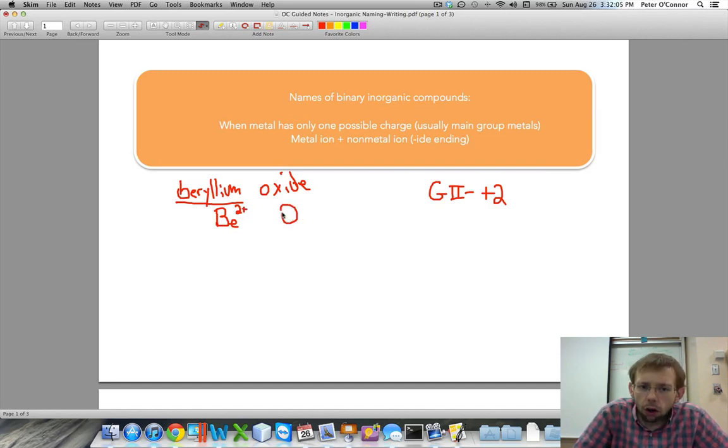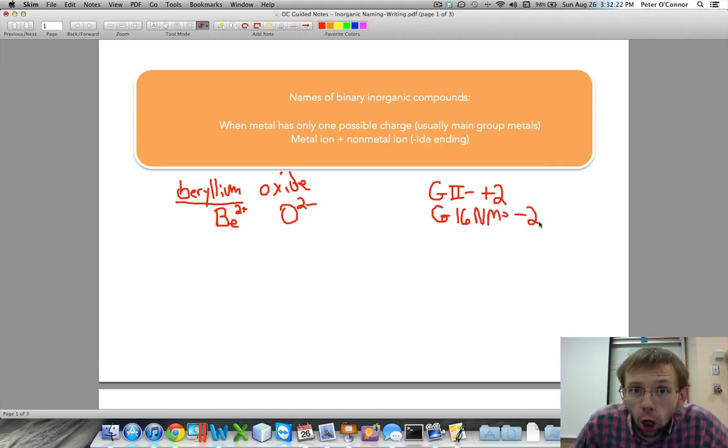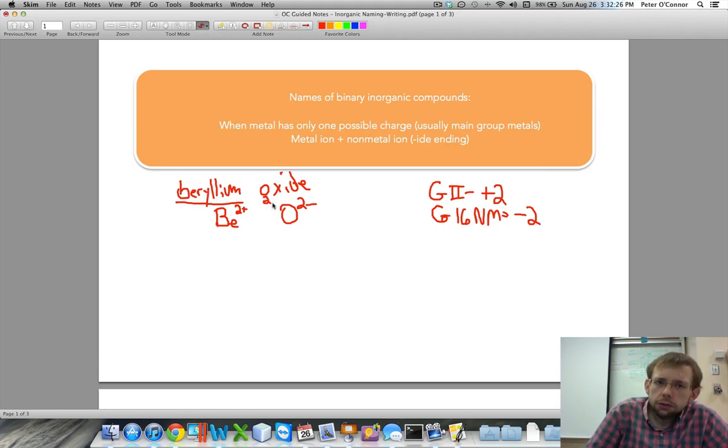Oxide, O 2-, because all group 16 nonmetals, that's a 6, are negative 2. This is where we do our least common multiple, which between 2 and 2 is 2.